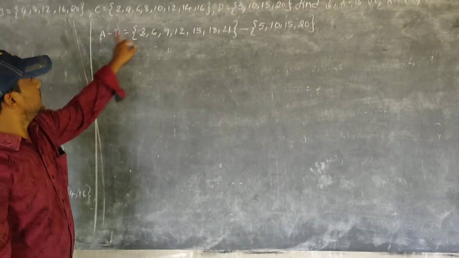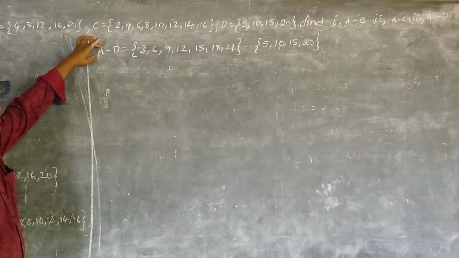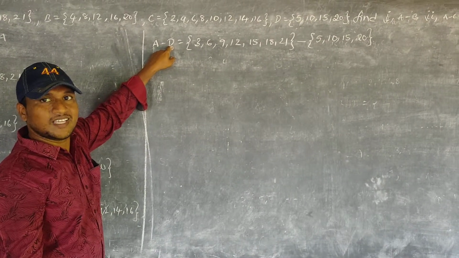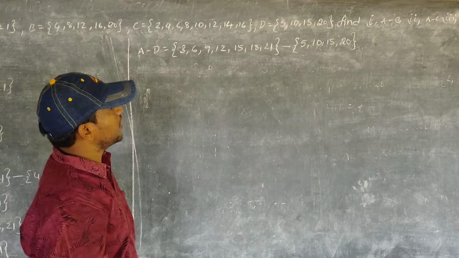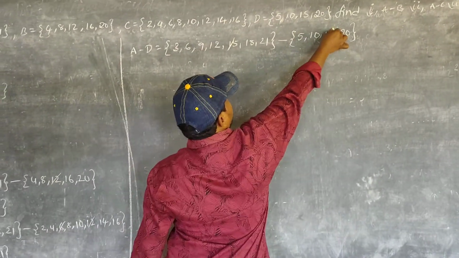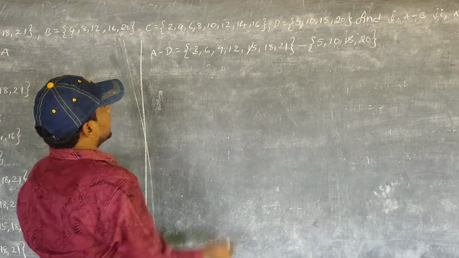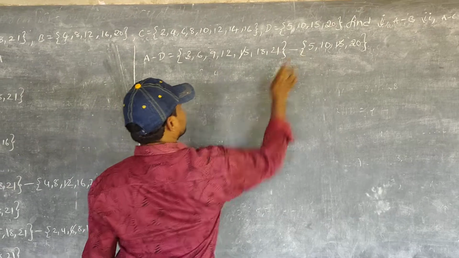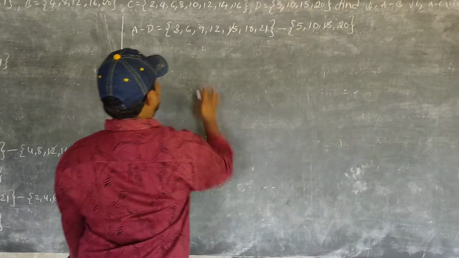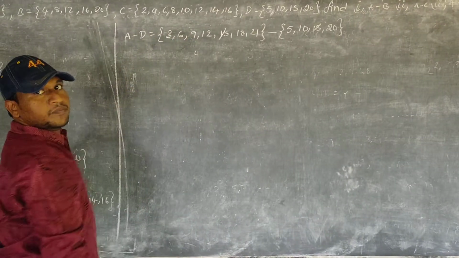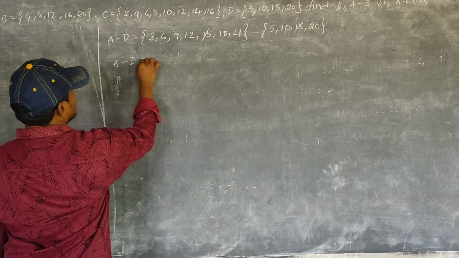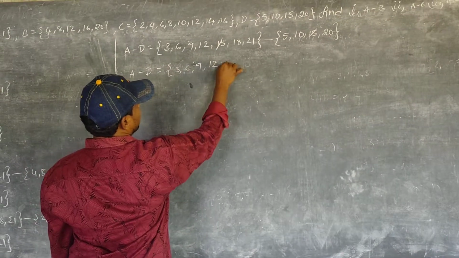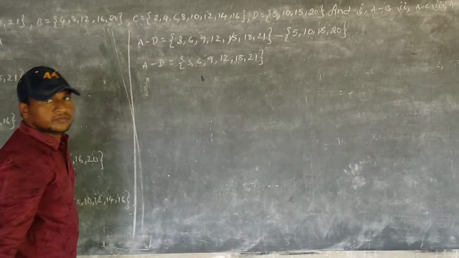The difference of sets A minus D is which belongs to A but do not belong to D. First of all, cancel the common elements: 15 and 15 are cancelled. The remaining elements belong to A but not to D. Don't write set D; write only the remaining elements of set A. That is, A minus D equals 3, 6, 9, 12, 18, 21.